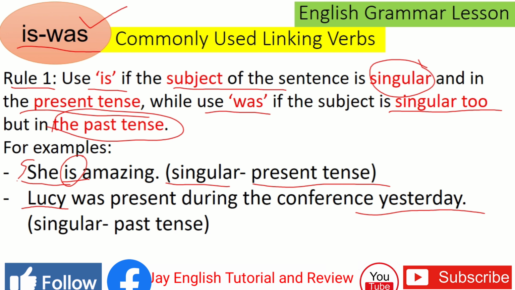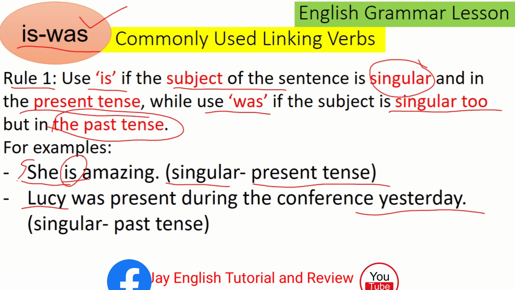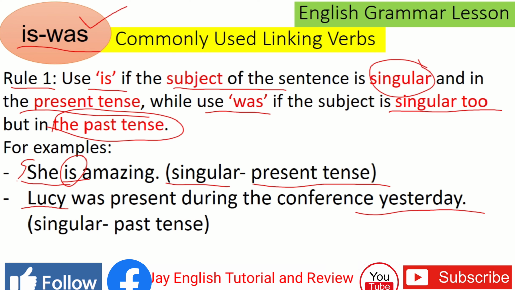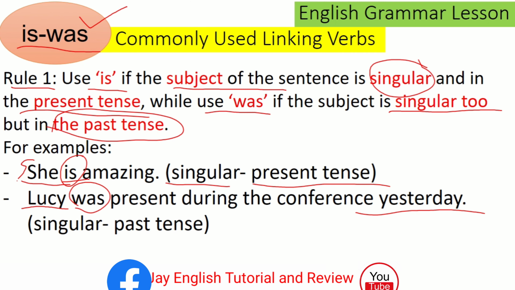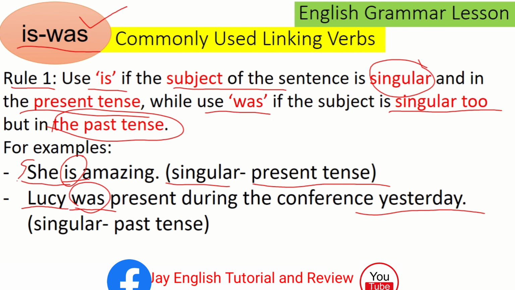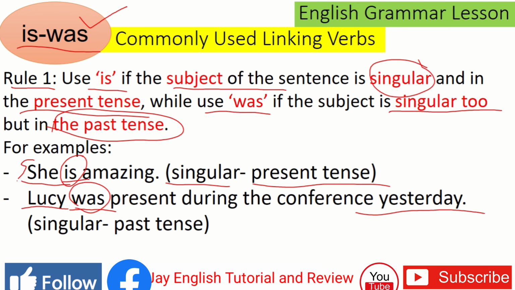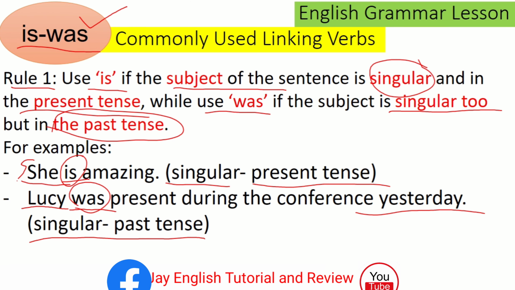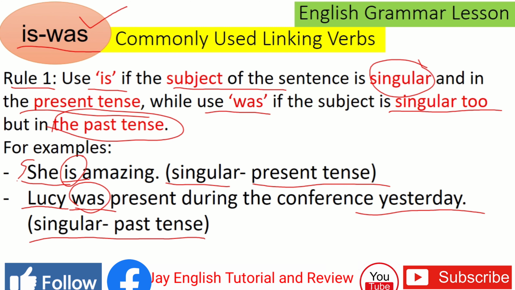So yesterday is giving us a signal that this particular event already took place or already happened. Okay, and it was yesterday. That is the reason why we are using the linking verb was. Okay, as we remember, was is the past tense of the linking verb is. Okay, so this is singular past tense. That's the difference between is and was.